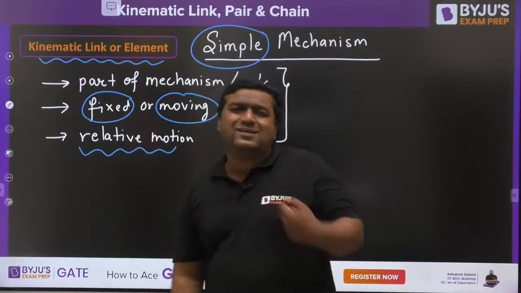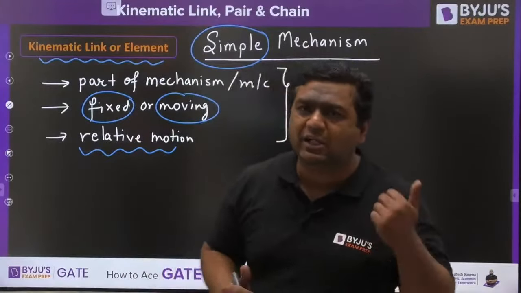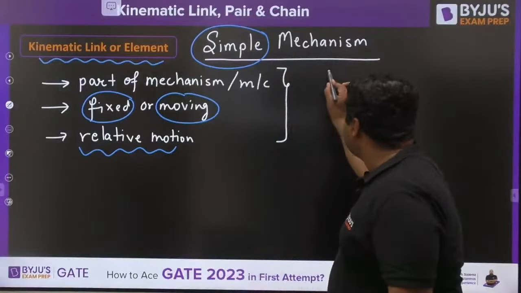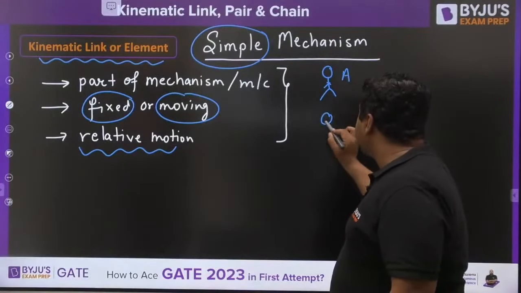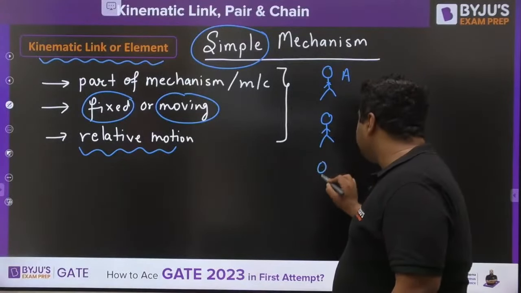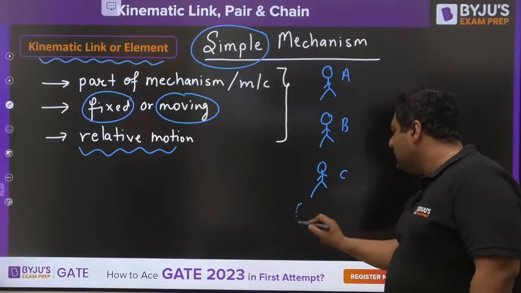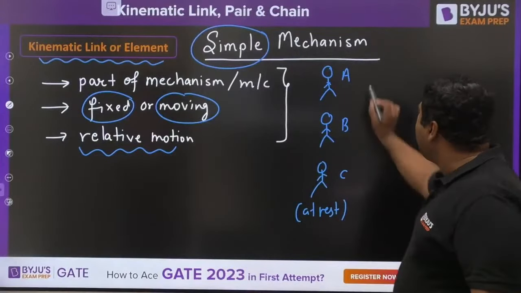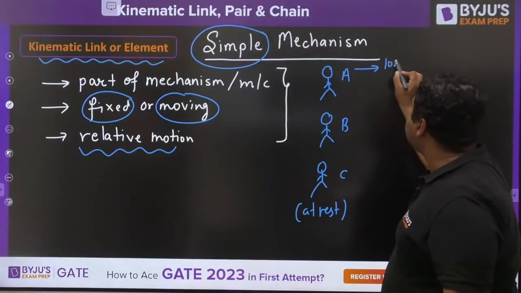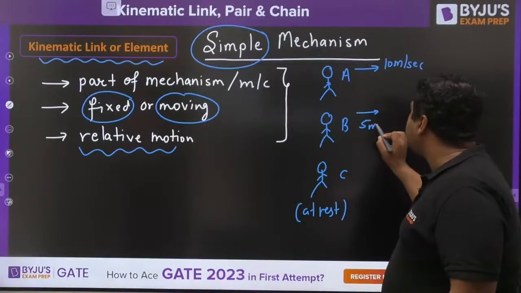So my dear, to understand this point, you must be clear about absolute motion and relative motion. Let us say there is some person A, and some person B, and some person C. This is A, this is B, this is C. C is at rest. When C is at rest, A starts moving with 10 meters per second, and B starts moving with 5 meters per second.